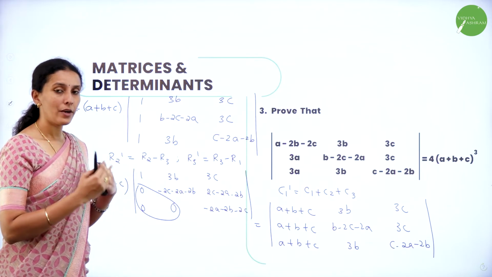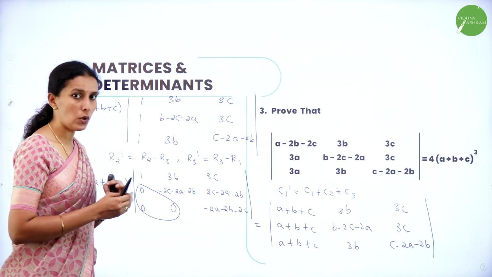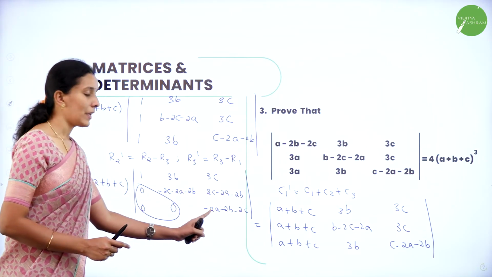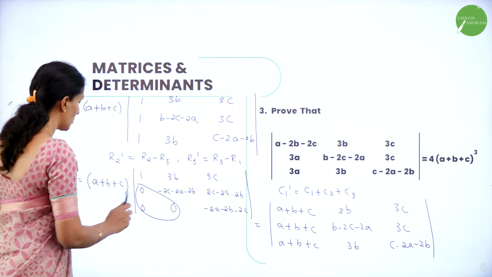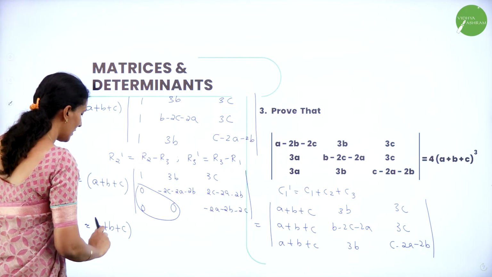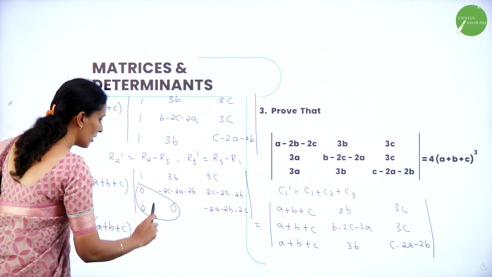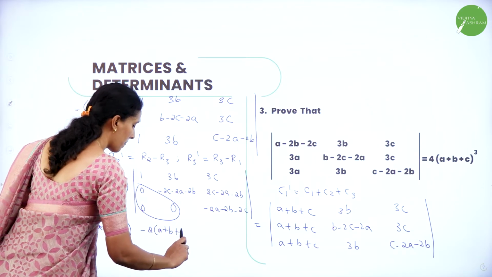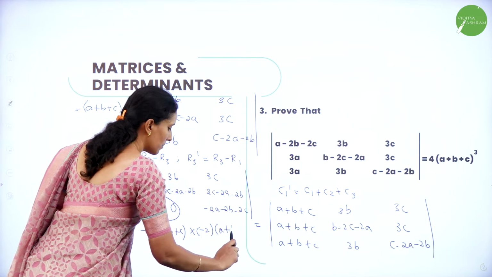When the elements above or below the principal diagonal are 0, then the value of the determinant is just the multiplication of the principal diagonal elements. So therefore I can directly write this as a plus b plus c into 1 into this and this, which becomes minus 2 into a plus b plus c into again minus 2 into a plus b plus c.